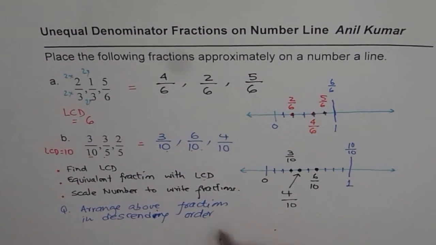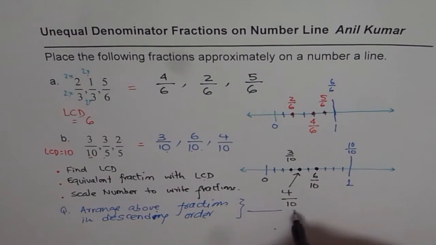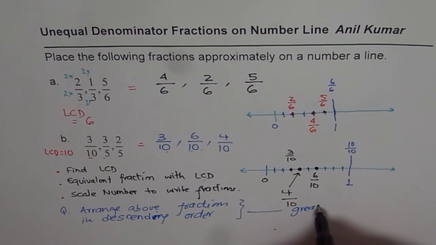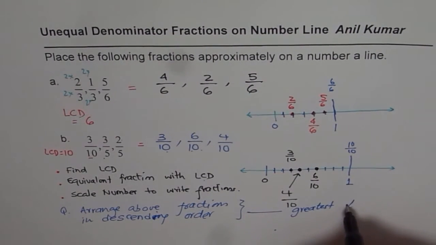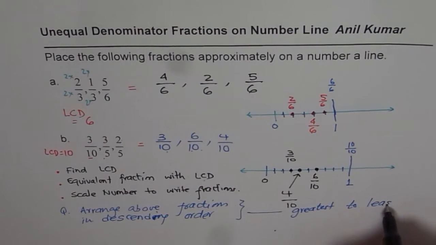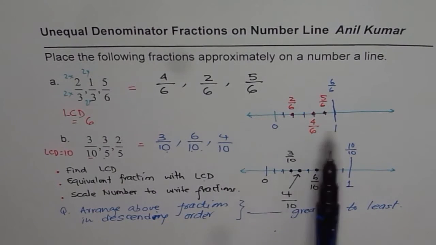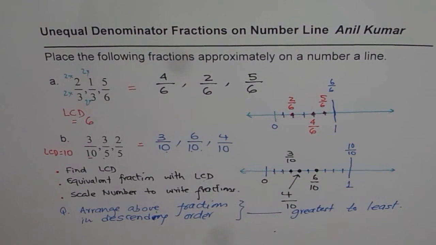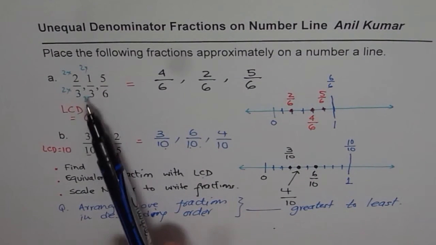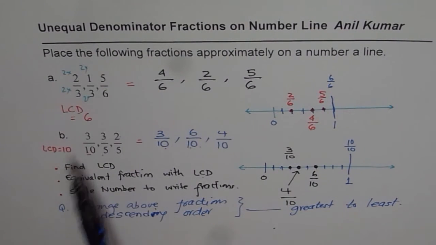Descending order means from greatest to least, okay? So arrange these fractions in descending order. Once you place them on a number line, it becomes very simple to write them in descending order. You have to write both sets of fractions separately in descending order, right?